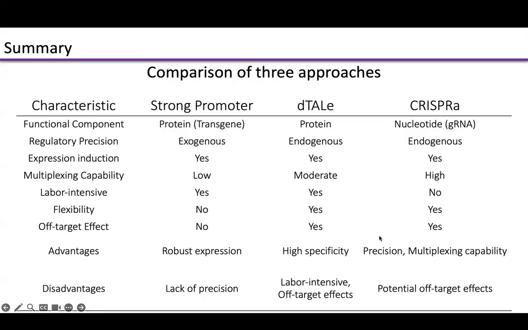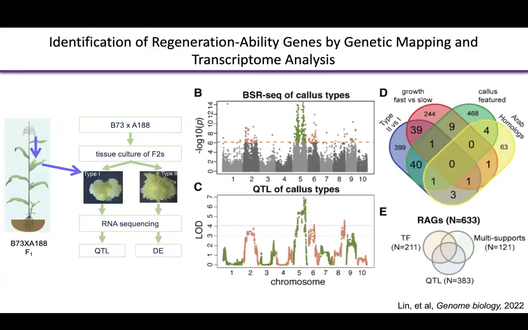The reason why we are trying to find the optimal way to study gene regulation is that our lab has been working on a regeneration project for many years, and we generated a lot of candidate genes that potentially contribute to callus induction. So far, we already have a lot of data and found at least thousands of genes that can contribute to this process.